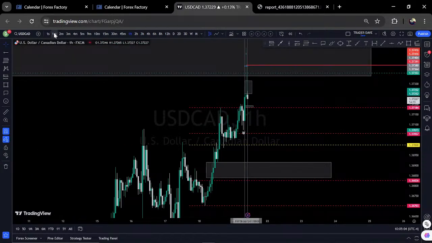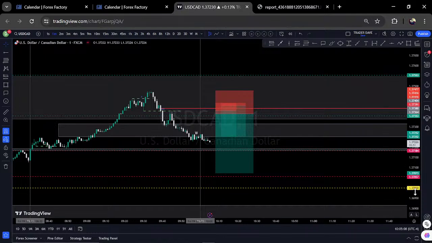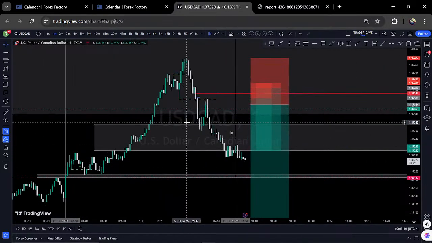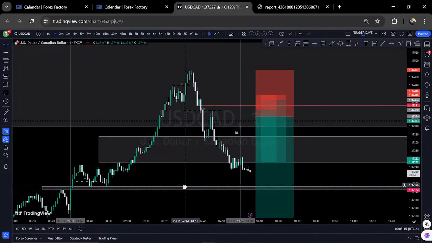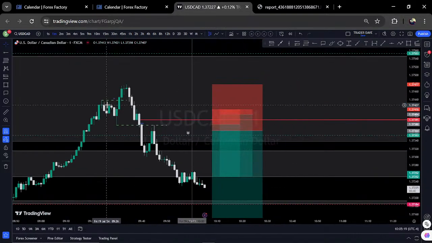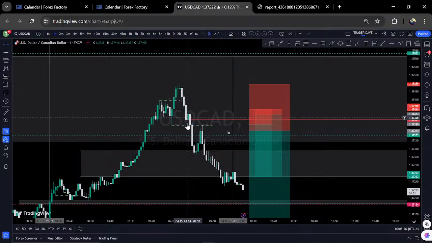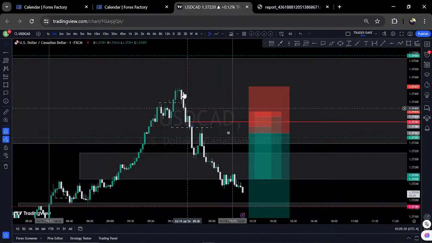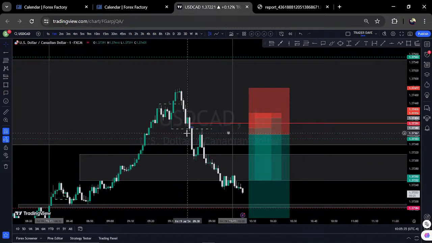So coming down to the 1 minute time frame, this is a 15-minute fair value gap. You can see how the market has taken out this short liquidity around here. This now causes a nice displacement down, a market structure shift.